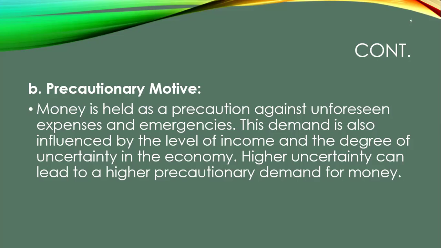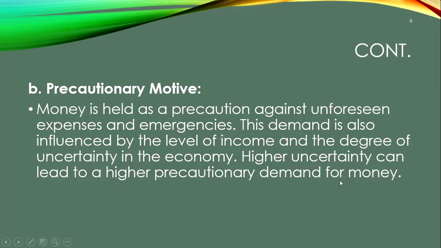So this is money held as a precaution against unforeseen expenses and emergencies. This demand is also influenced by the level of income and the degree of certainty in an economy. High uncertainty can lead to higher precautionary demand for money.